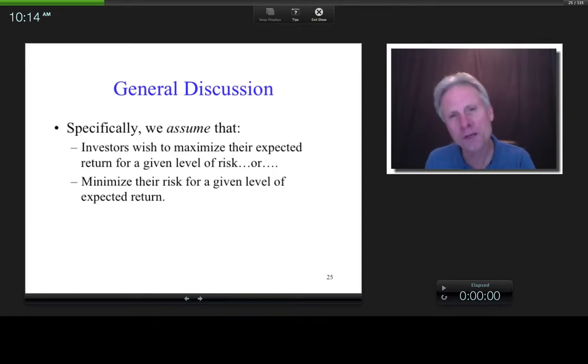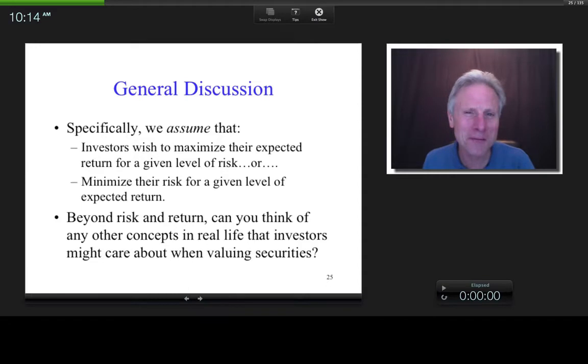Now, on a different note, can you think of anything outside of the boundaries of risk and return that is not included as something that maybe investors care about? Because after all, we're just assuming that those are the only two things that investors care about when it comes to financial securities, risk and return.